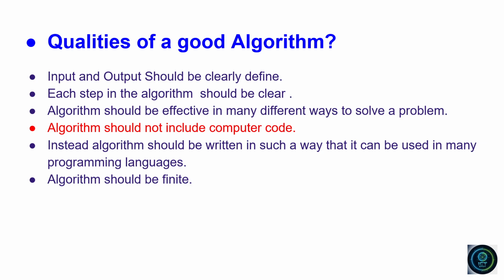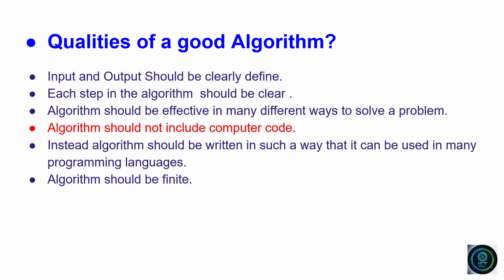Think, if you are implementing a flowchart by adding Python code inside it, a Java programmer doesn't know about Python, so he might get confused. Think of a programmer who uses C++. He also will be confused by looking at your flowchart because there is Python code there. So that should not be acceptable in an algorithm. An algorithm should not contain any computer code.